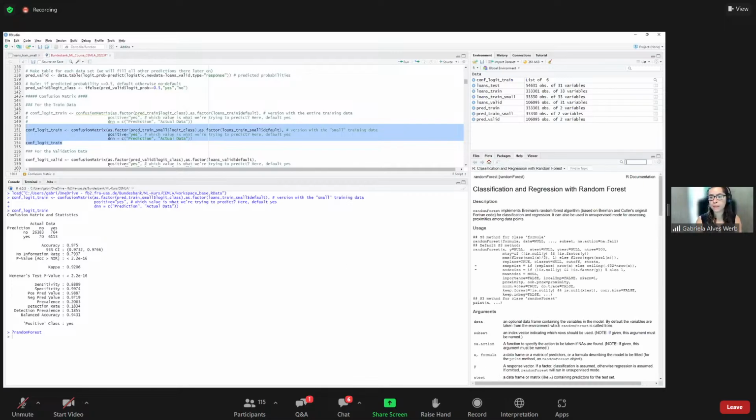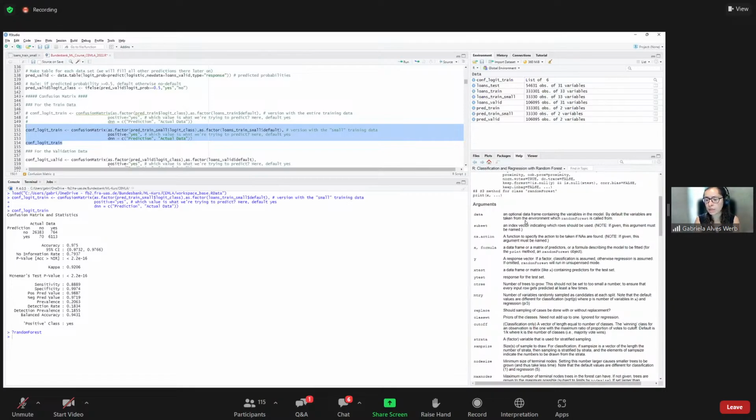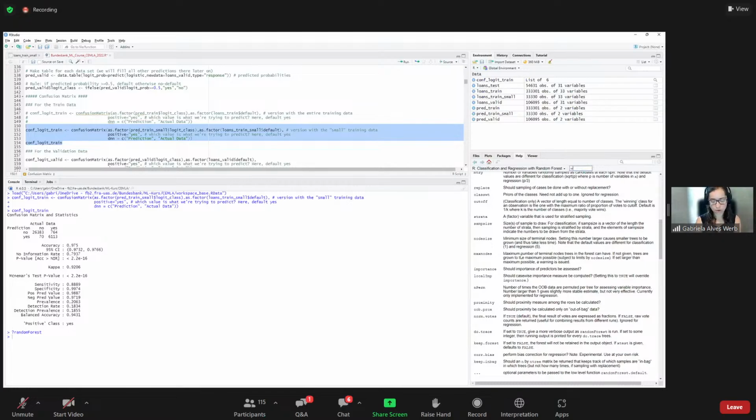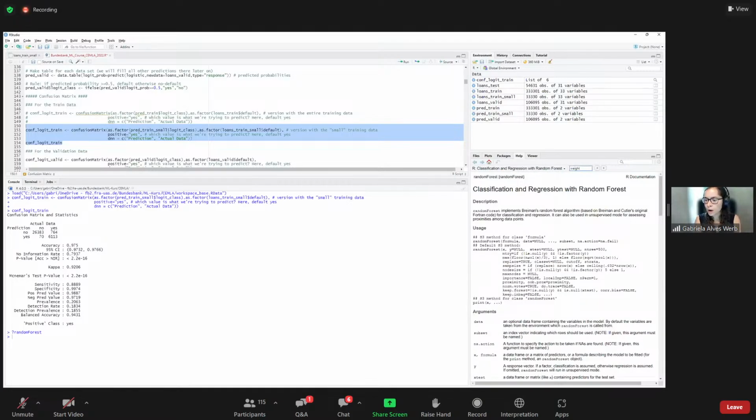In R, we can do this always by using a question mark and the name of the package, or the name of the function directly if you have loaded the packages already. In this case it's quite convenient because I already loaded things before, and the package has the same name as the function that we use, so also randomForest. So you said you were trying with the weights. Let me go here. I don't see a parameter here that is called weight. So perhaps weights? Yeah, it should be called weights.